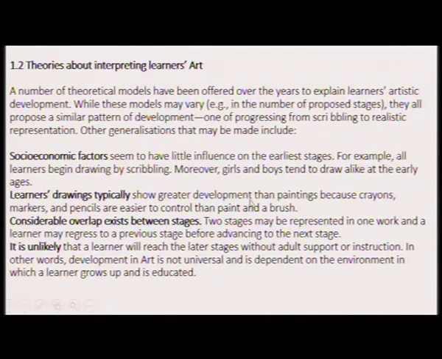And the third generalization is that considerable overlap exists between stages. Two stages might be represented in one work, and a learner might regress to a previous stage before advancing to the next stage. It's normal, and it differs from learner to learner. Some learners grow very slowly, and some maybe forget, that's why they regress to the previous stage. It depends on how one grows when it comes to art.